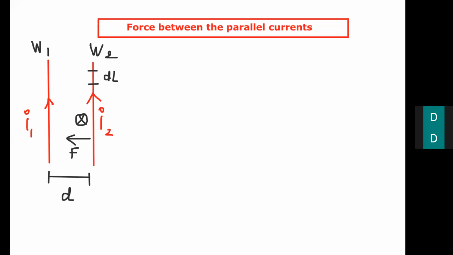Here you can see that this is the wire W1 and this is the wire W2, and they are carrying the current I1 and I2, and the distance between them is D. With the help of this diagram, by the end of this video, we will be finding the value of force between both the wires having current going in the same direction. We can clearly see from this diagram that the current is moving in the same direction.